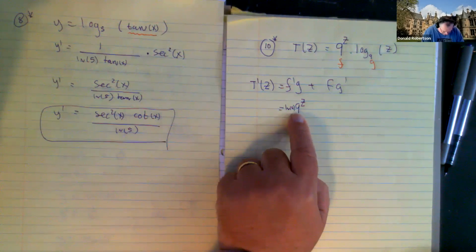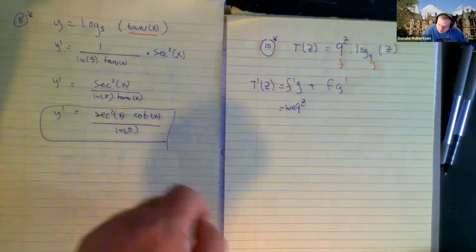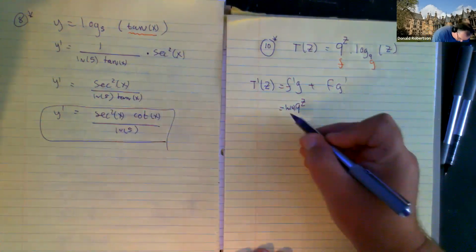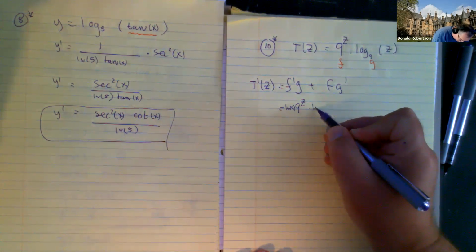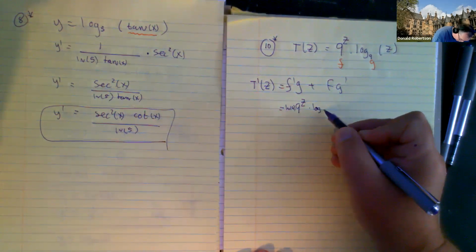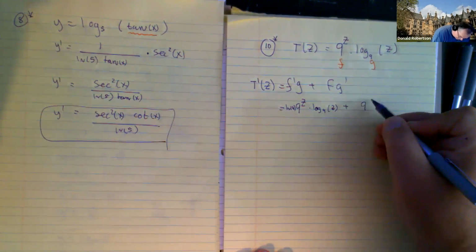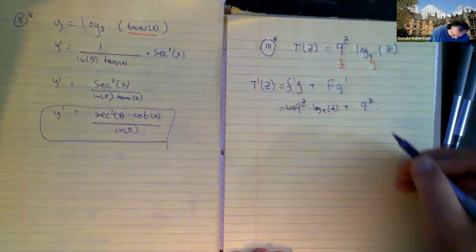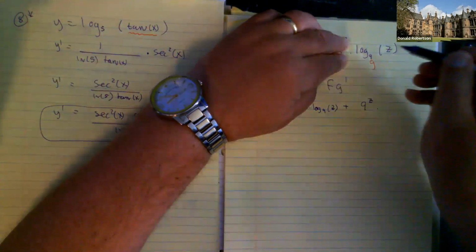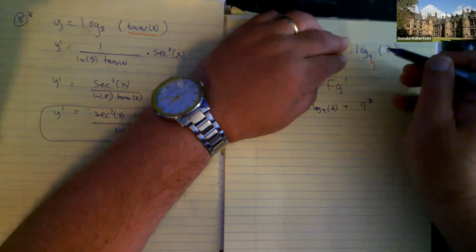Do you notice in this case, it's a multiply, and in other cases, it's a divide, right? So that's a derivative times the untouched g plus the untouched f, followed by the derivative of the log to the base 9 of z.